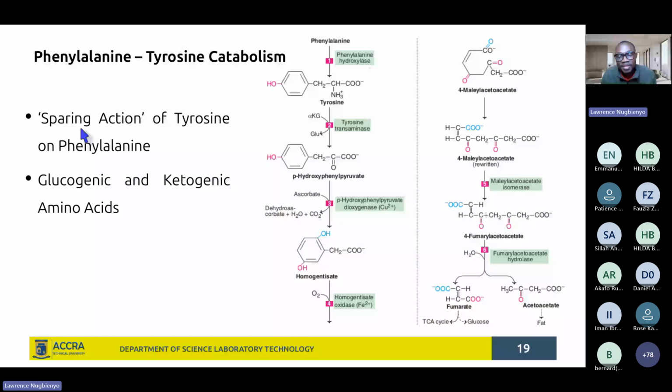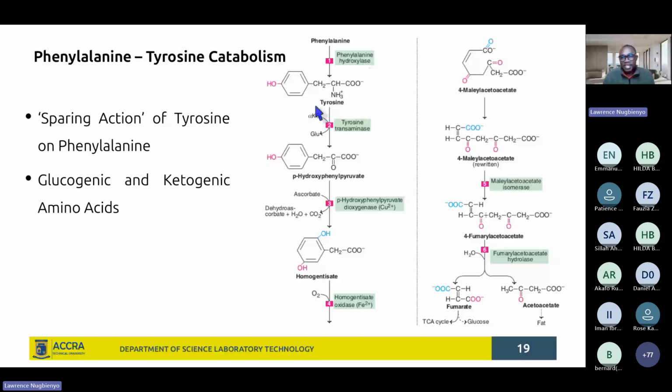actually, tyrosine can be synthesized. So if you have phenylalanine, it will get hydroxylated to give you tyrosine. Then there will not be the need to be consuming tyrosine because of phenylalanine's presence.